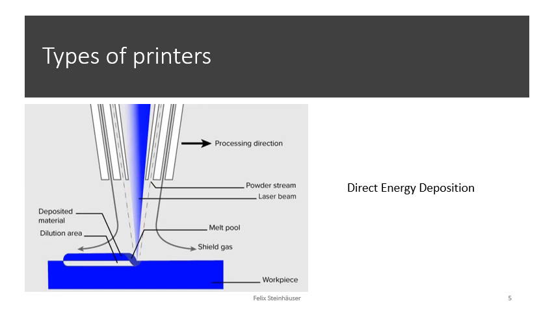This is a very similar process to metal extrusion. The nozzle is mostly on a 4 or 5 axis arm, which can move around the fixed object.